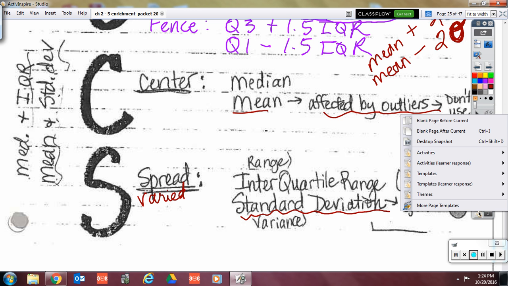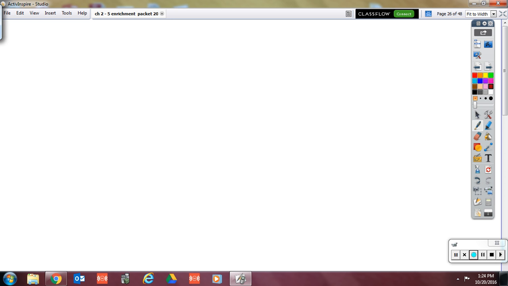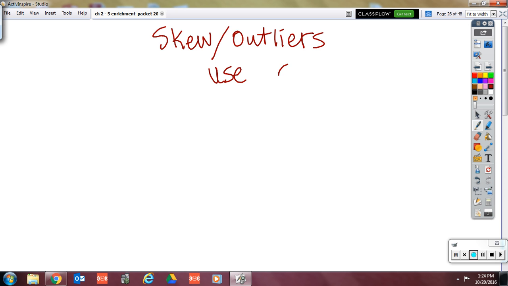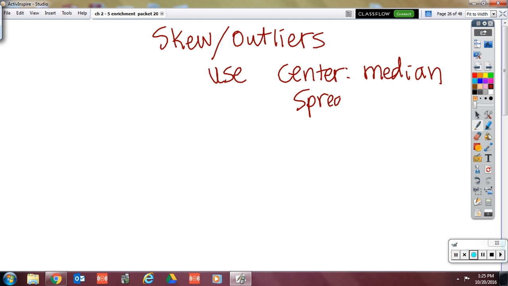So let me summarize that. And you might write this down at the bottom. Okay? So if you have skew or if you have outliers, then your center will be the median, and the spread that you use will be the IQR.